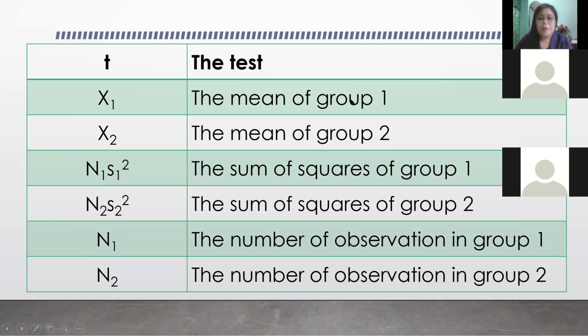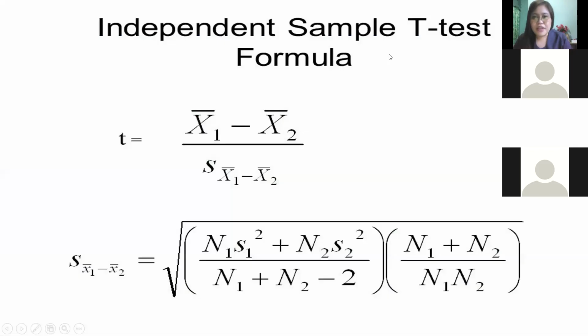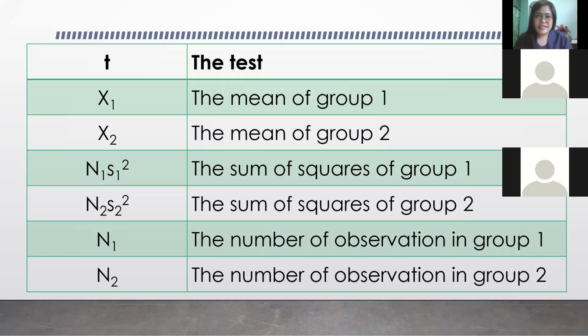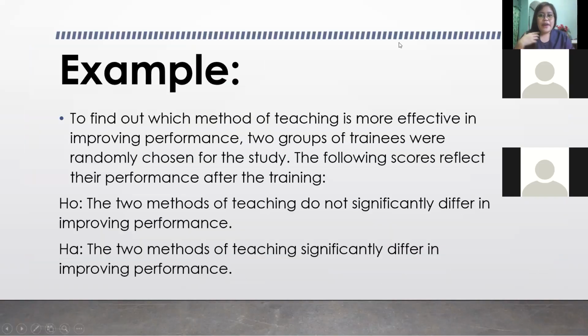Okay? And syempre, n2 is for the number of observation sa atuang group 2. So, mao ni siya ang formula sa atuang independent sample t-test. Okay? So, example. We have an example here.